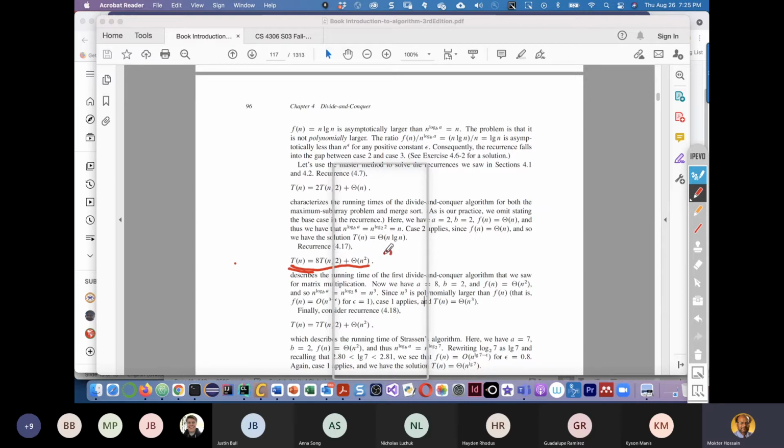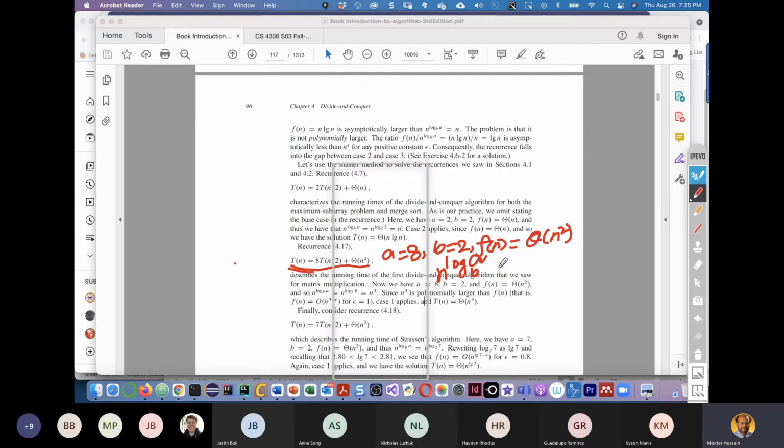So what is our a value here? a equal to 8, b equal to 2, and then f(n) equal to theta of n squared.